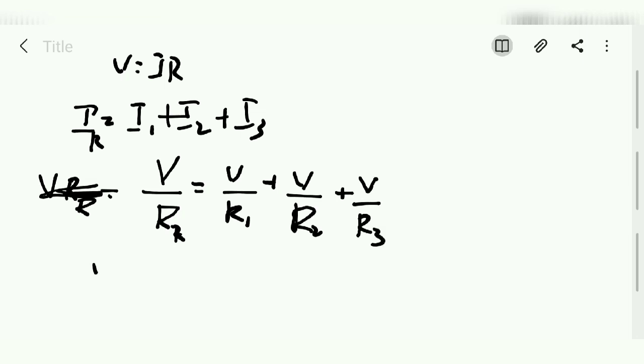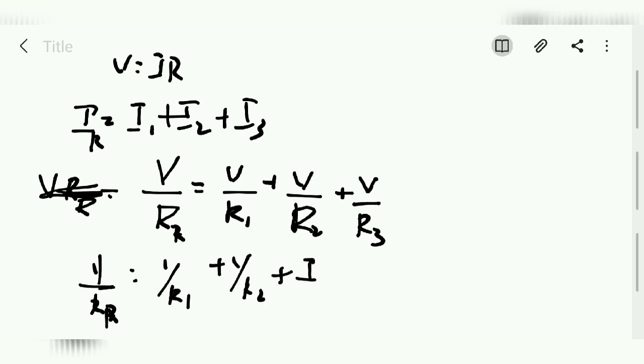Since V is constant, I can write it as 1 by R resultant is nothing but 1 by R1 plus 1 by R2 plus 1 by R3.